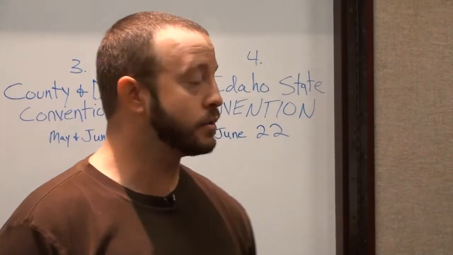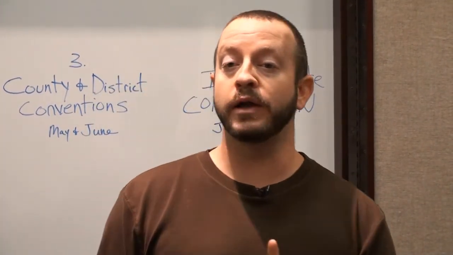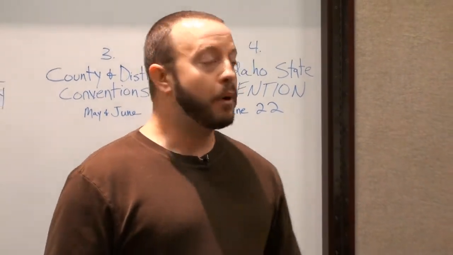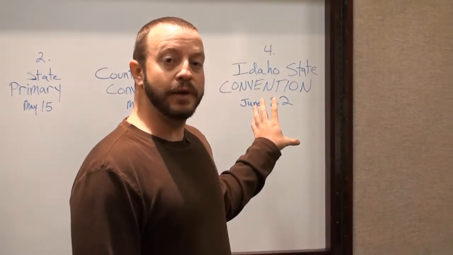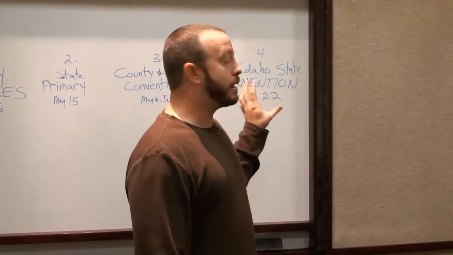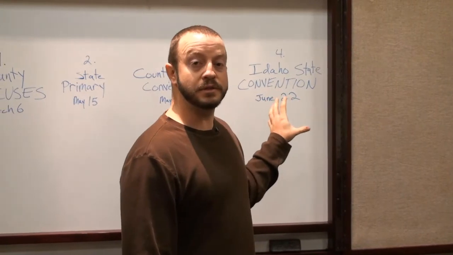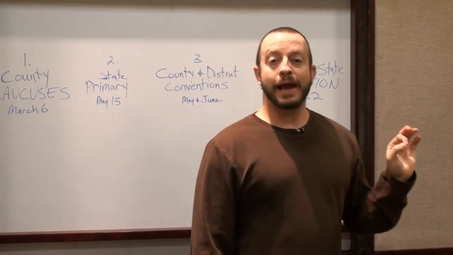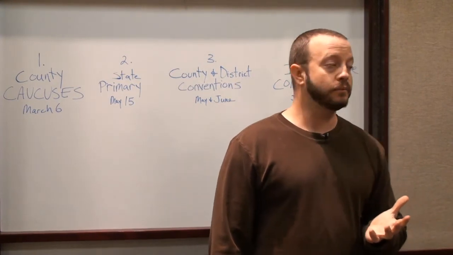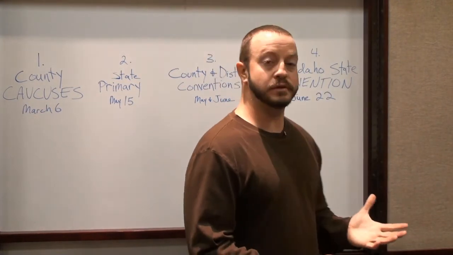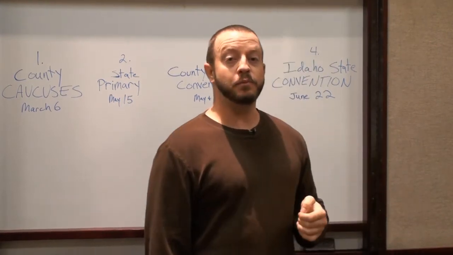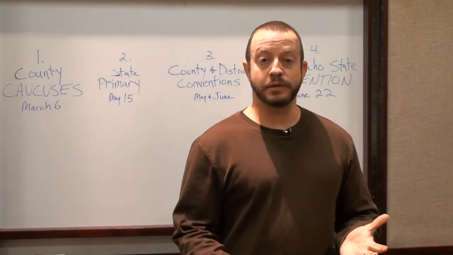But there's a very interesting twist to this, because essentially all power in the party emanates from the state convention. And if Ron Paulers make up 2/3 of the delegates to the state convention, they can actually suspend the rules and give the delegates to whoever they want. So let's say Ron Paul does not win the county caucuses and gets less than 50% and is entitled to 0 delegates.